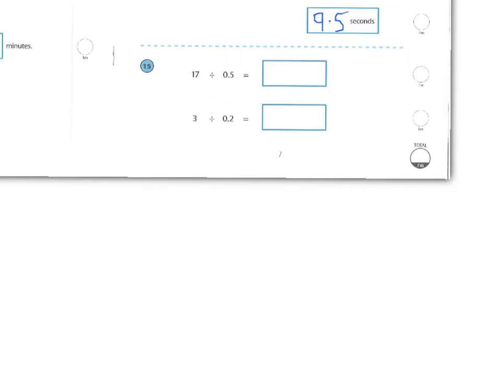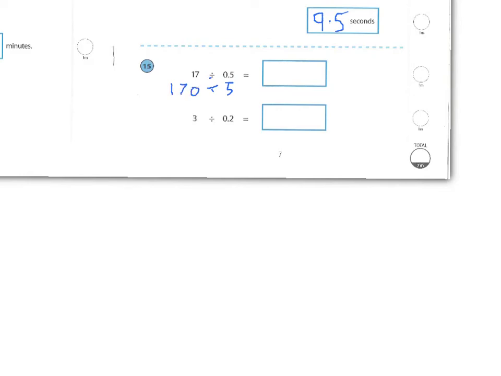Question 15. 17 divided by 0.5. Now, the trick when dividing by a decimal is to change both numbers so that the number you are dividing by is not in fact a decimal, but a whole number. So the trick in this first one is to turn that number into a 5, not 0.5. Now, in order to do that, we multiply by 10, so we must then multiply the first number by 10 also.